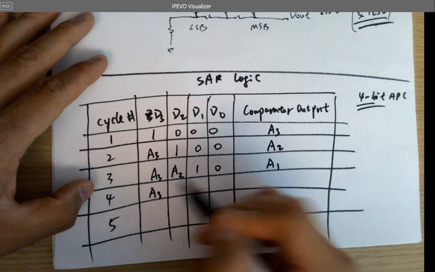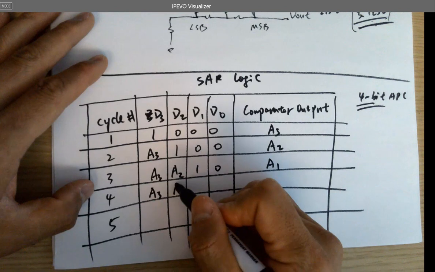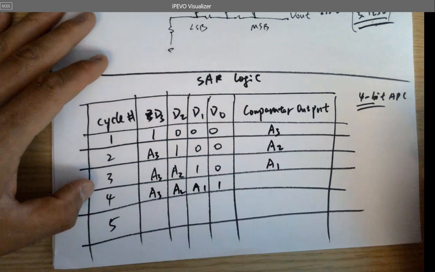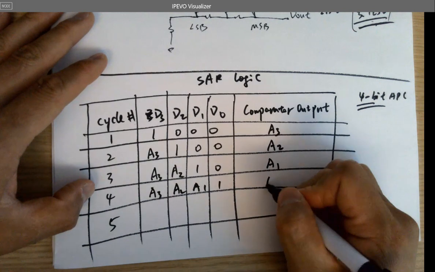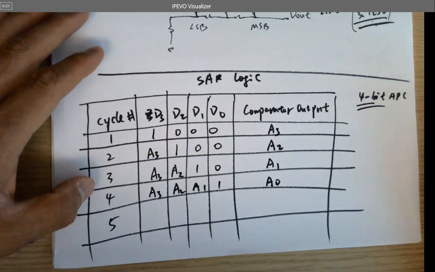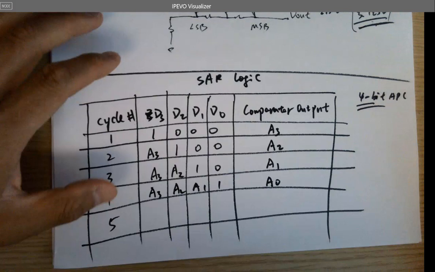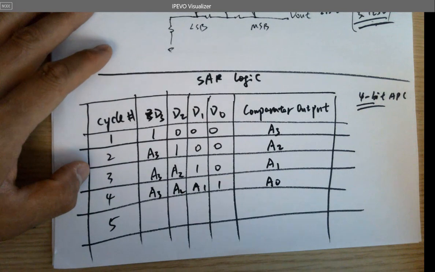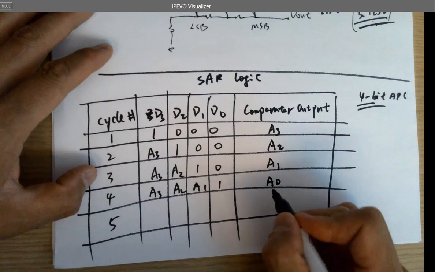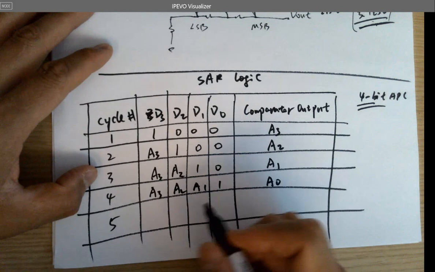Then we keep plugging in A1 right after A2. Same process is going to generate A3 as a comparator's output, and the next cycle is going to plug in A0 as the LSB bit.